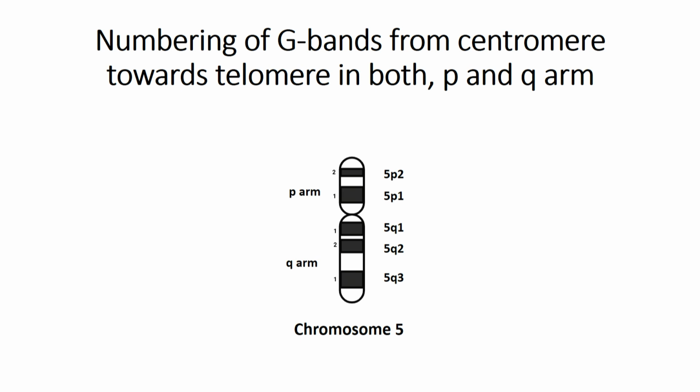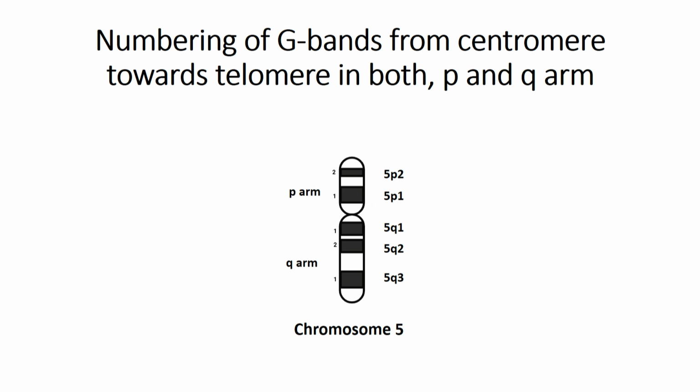If it is an acrocentric chromosome, P arm is very short or almost nonexistent, and the Q arm is the main arm. If it is metacentric, P and Q are both the same.